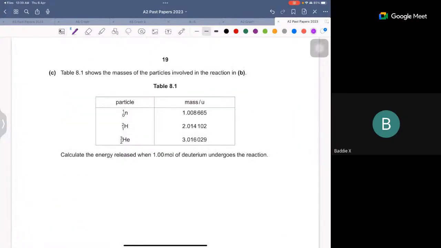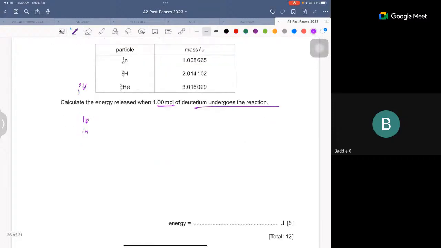Is it calculate the energy of 1 mole of deuterium? Okay, we're going to do that. Deuterium was 2-1, I think. 2-1 means 1 proton, 1 neutron. And what else do we have?